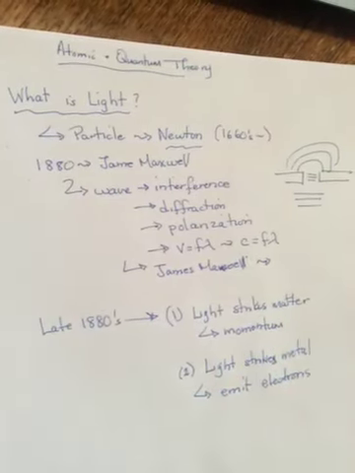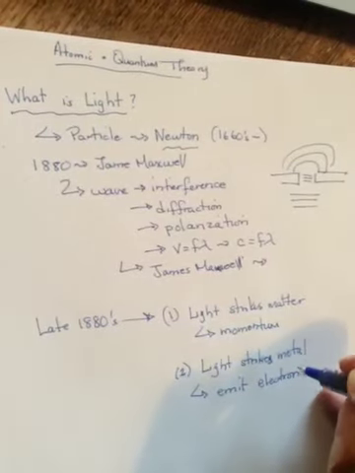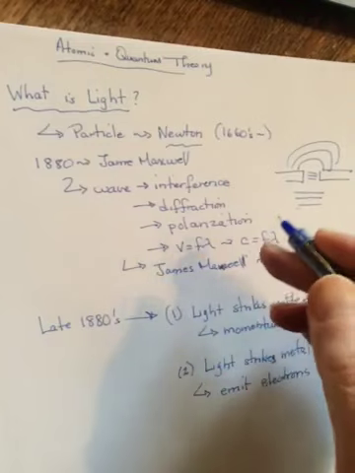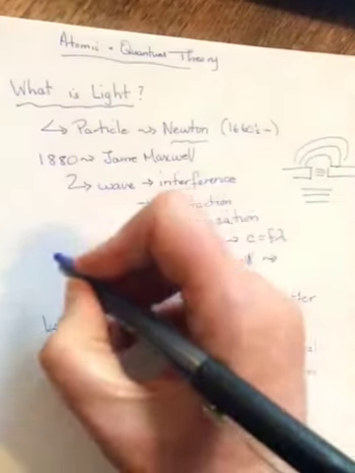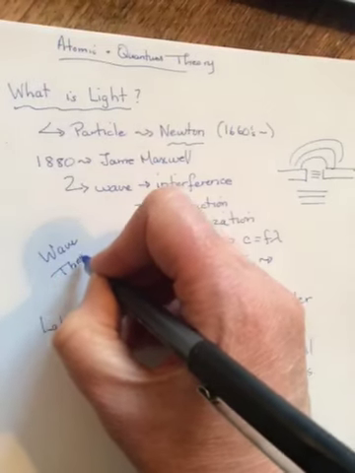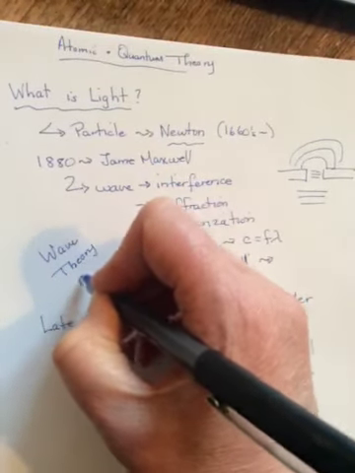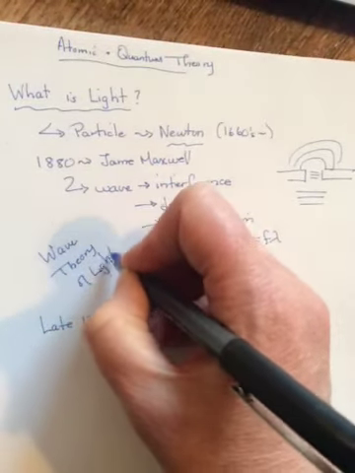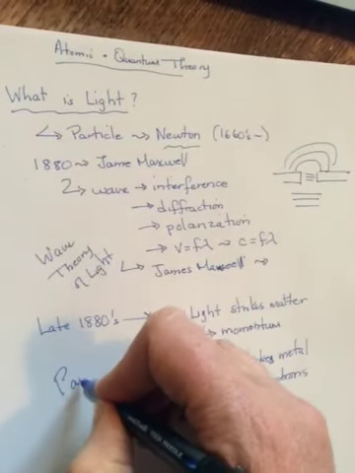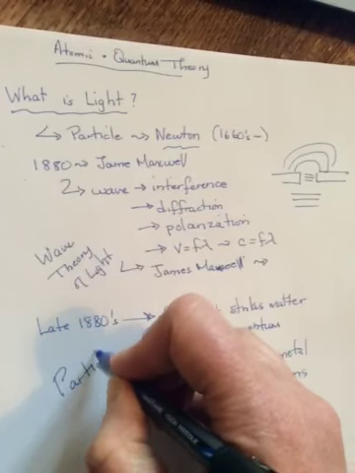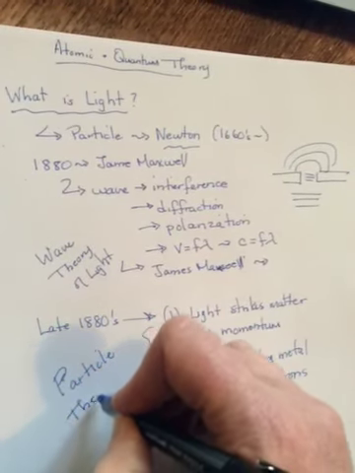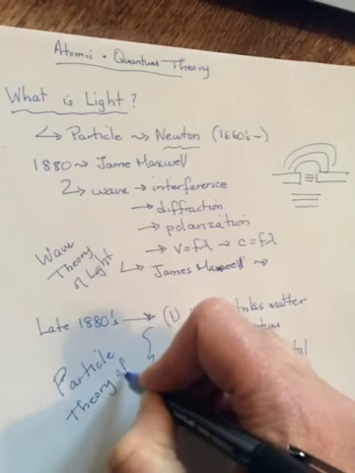It's almost like it was knocking the electrons off or something, and it could not be explained by what we now call the wave theory of light. So this would be the wave theory of light. And Newton and these two experiments tend to indicate that light should be a particle. So it was called the particle theory of light.